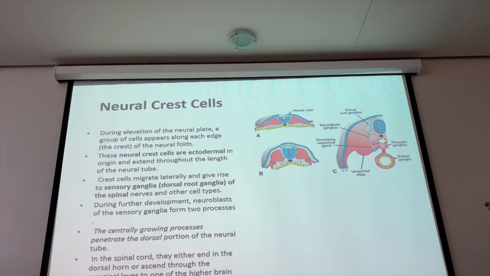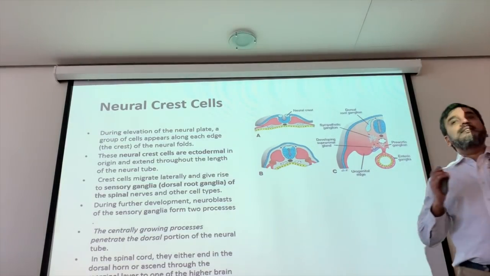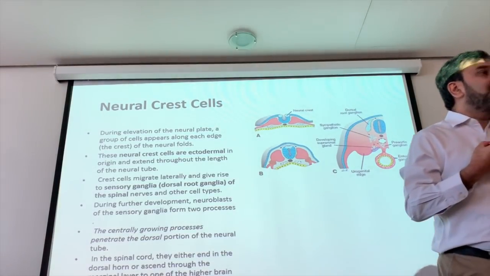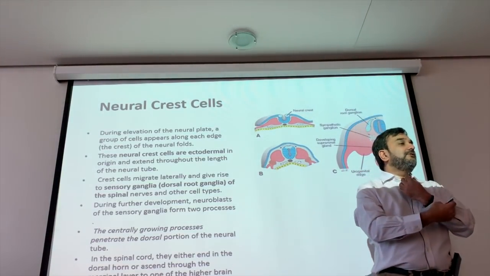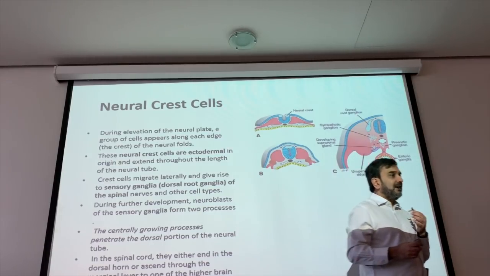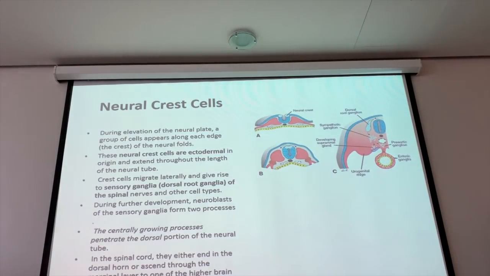Neural crest cells are also important in giving rise to the sympathetic ganglion, and they are also important in the formation of the medulla of the suprarenal gland. And the last thing which they do is that they are important in giving rise to a special type of cells in your skin which are called melanocytes. So the pigment cells inside your skin, the melanocytes, also come from the neural crest cells.